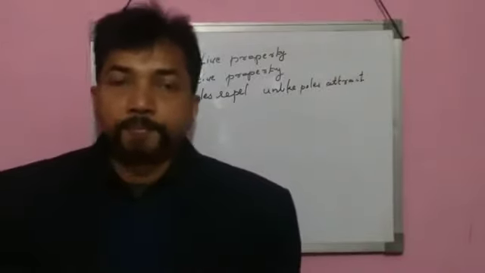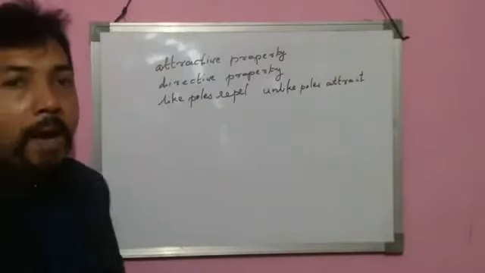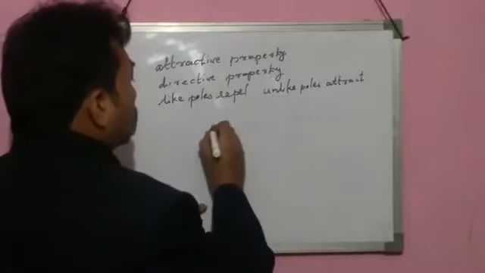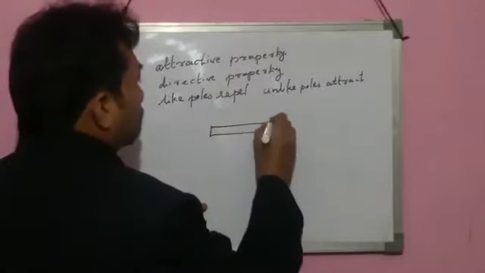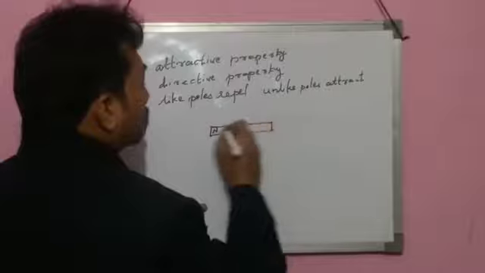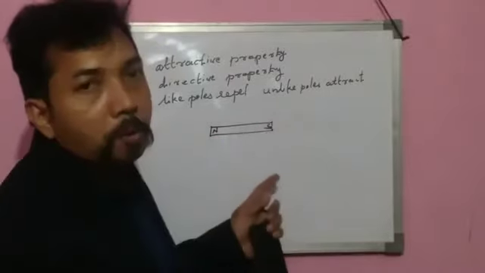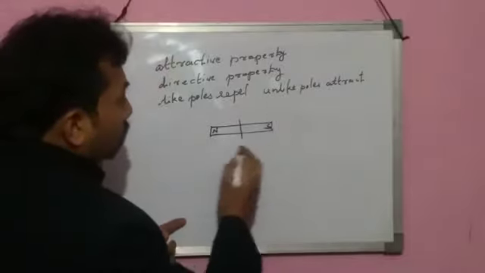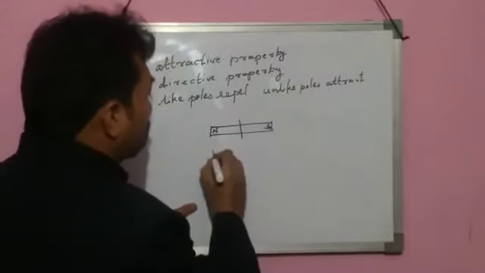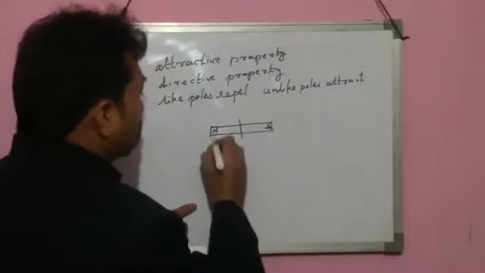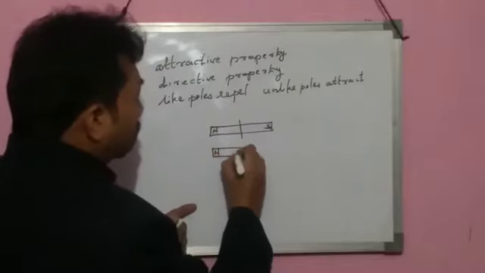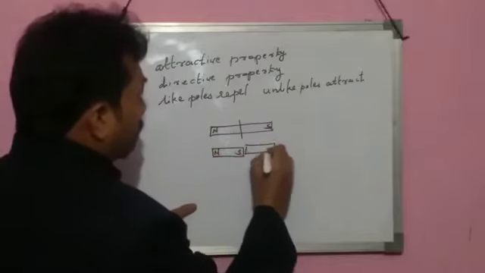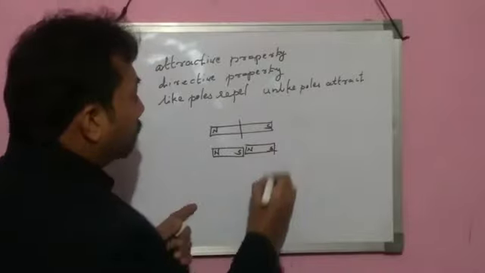Then, if you break a magnet into small pieces, suppose you take a bar magnet with a north pole and a south pole, and break it into two pieces, then each piece will have both polarities. This end will be north and this end will become south, and the same for the other piece.